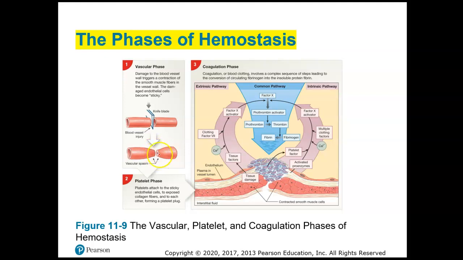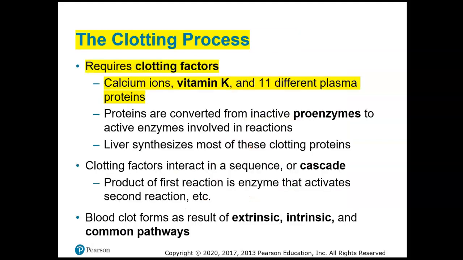So you have this vascular spasm that occurs. And in the platelet phase, you have platelets attaching to that sticky endothelium of the blood vessels. And then the coagulation phase involves the formation of fibrin and the formation of the actual clot, the actual blood clot. So that's just a very, very quick summary.